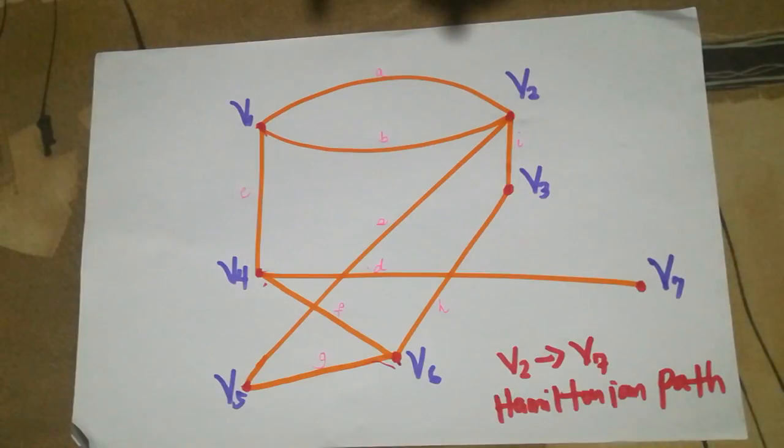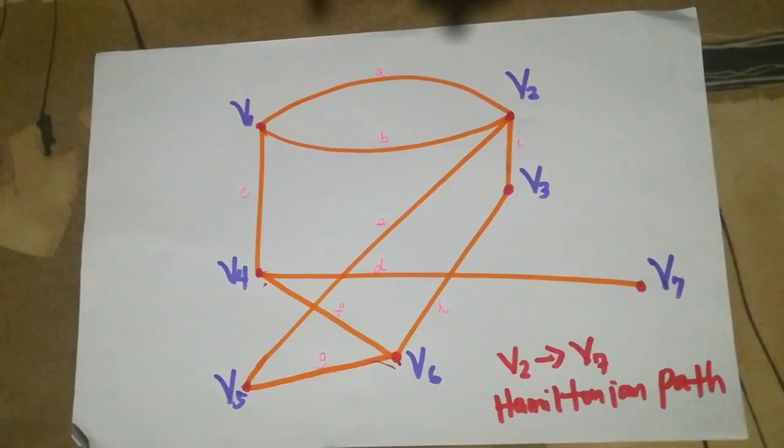So instead of the direction going from V2 to V7, why not change it?